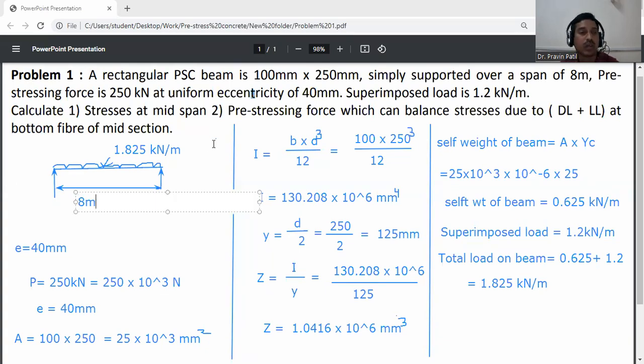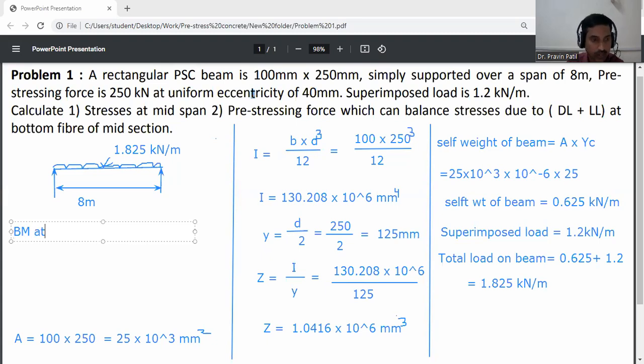Now calculate the bending moment at center. We will write here BM at center.